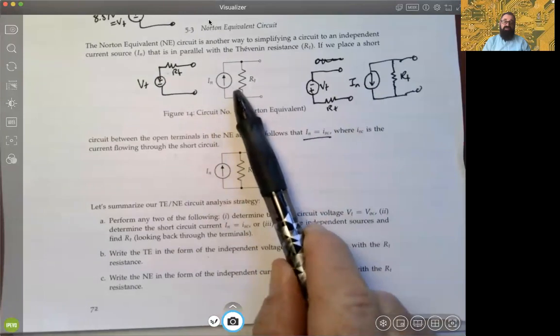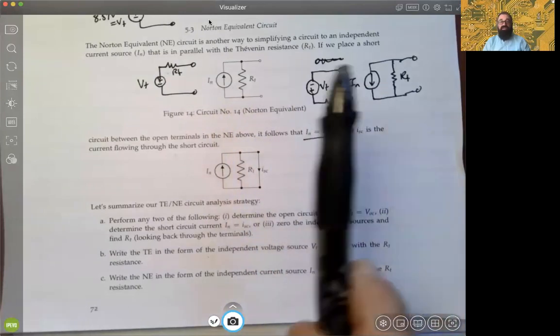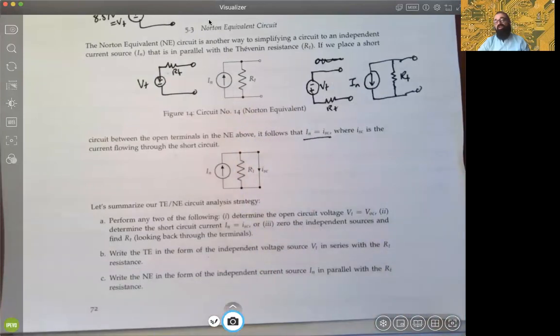Do you have this as the Norton equivalent, or is this the Norton equivalent? What was the original independent current source doing? We're now in a position, in the next couple of sections, to use this strategy of replacing these equivalents with each other, eventually when we look at source transformation.